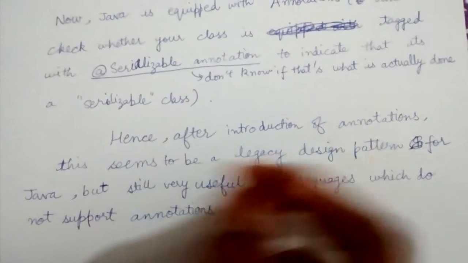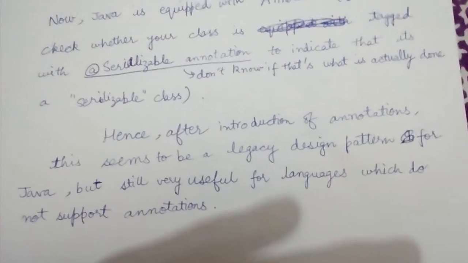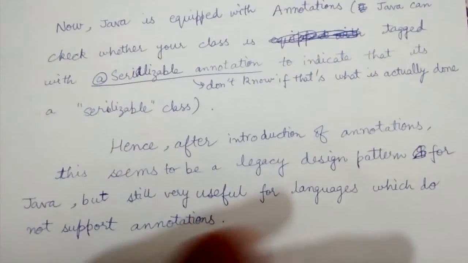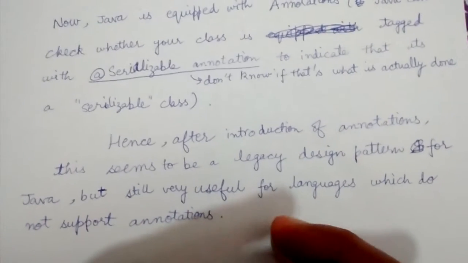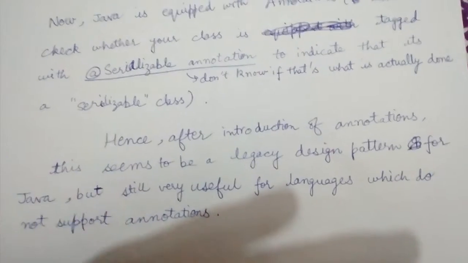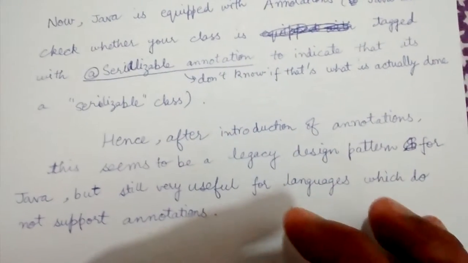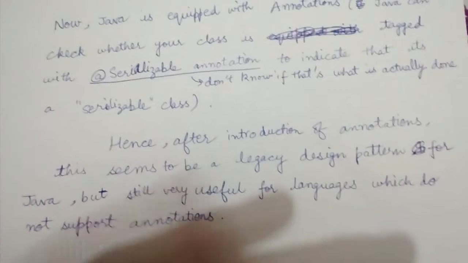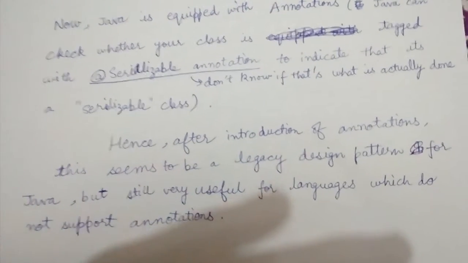So we can annotate it. This seems to be a legacy design pattern for Java, but still very useful. We are still using the Serializable thing, and this pattern is still very useful for those languages which do not support annotations. So this is the thing to look for.